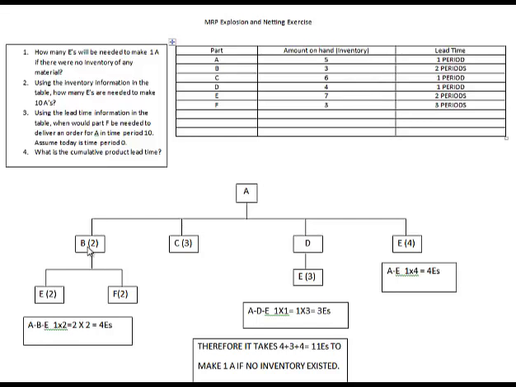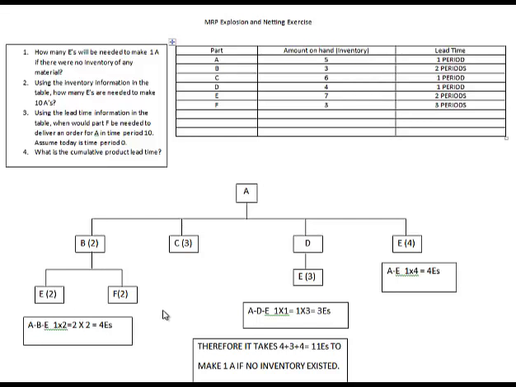But then to make 1B is going to require 2 E's. So we're going to take that 2 and multiply it times another 2, which is for the E's. So we're going to end up with 4 E's going down this path A through B through E.